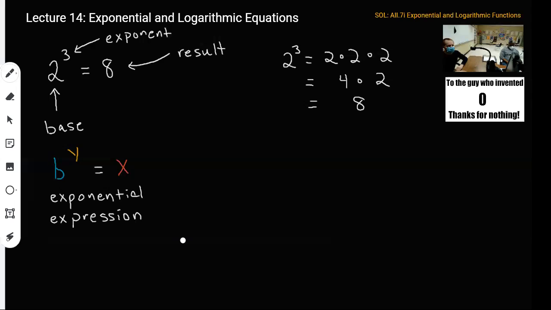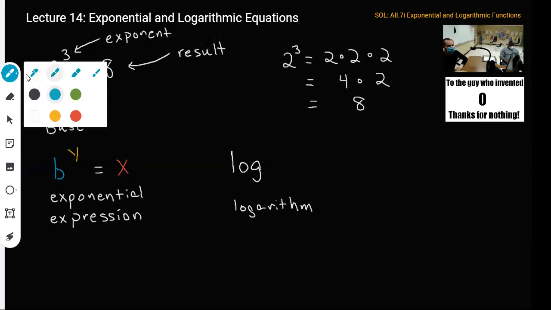What we're going to do with this is we're going to rearrange some of the elements to make it into a logarithmic expression. So the way you do it is this. You're going to have the log, first of all. Log just stands for logarithm. And that logarithm is always going to have a base.